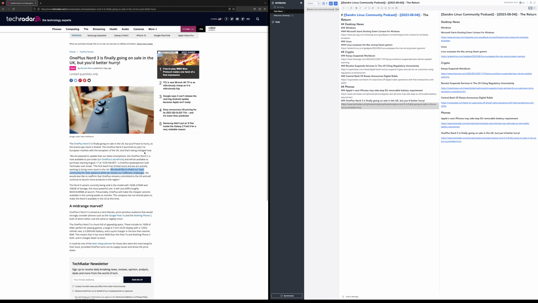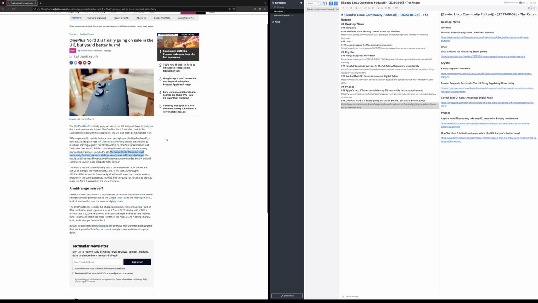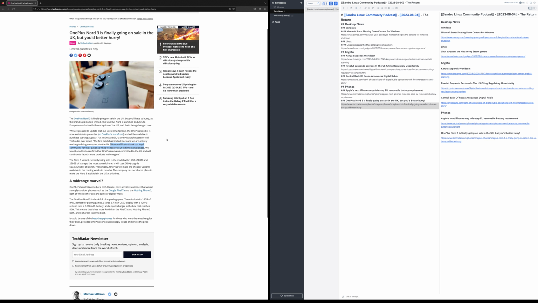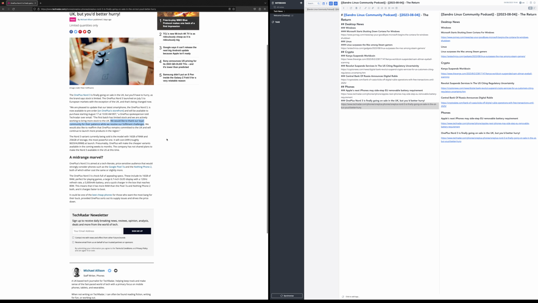Of course, the OnePlus Nord series is the budget line of OnePlus. I personally bought the original Nord, and I think it's a decently popular line of phones. And it does have quite good specs for the price.